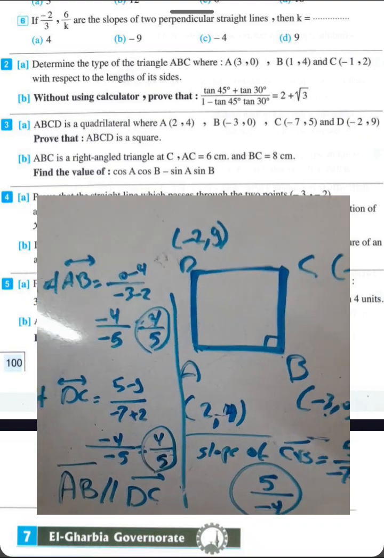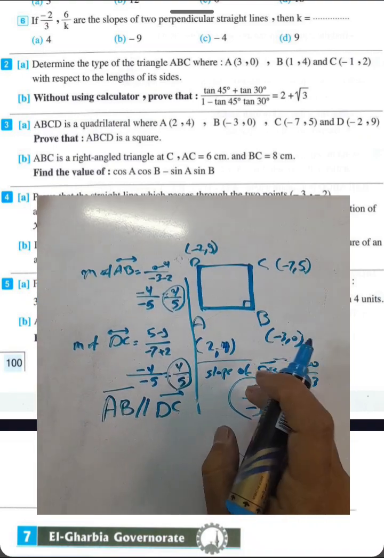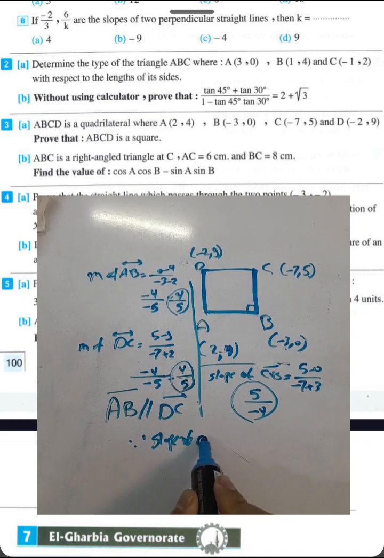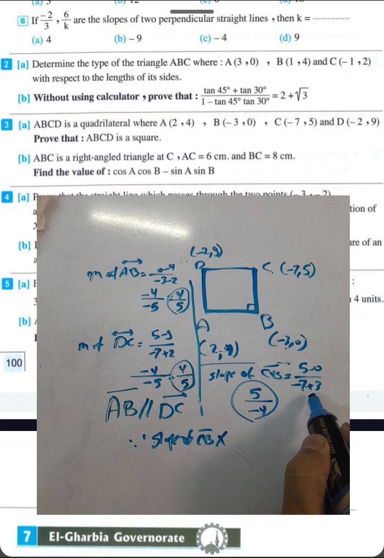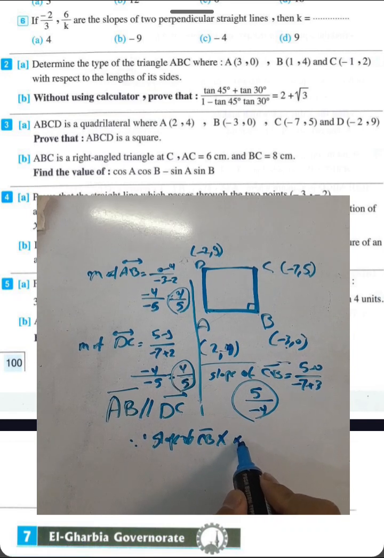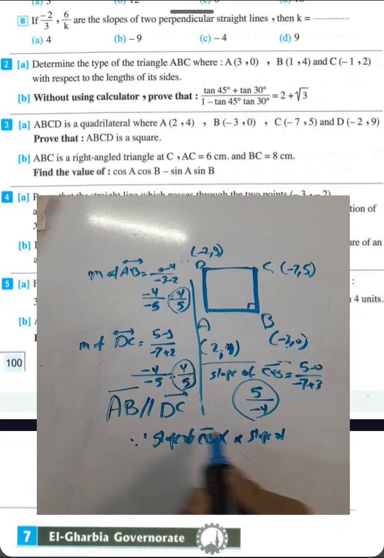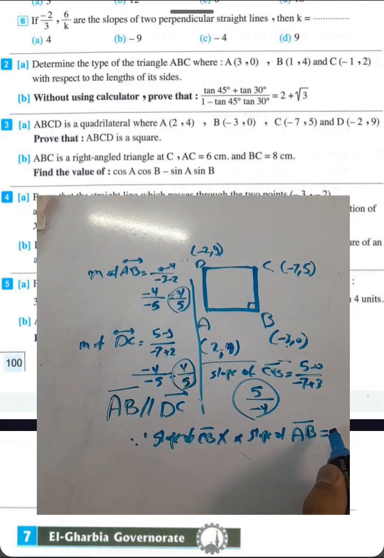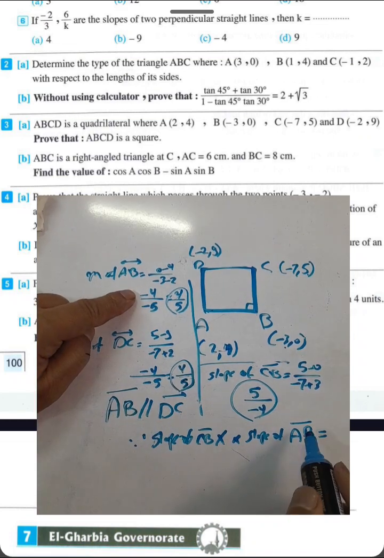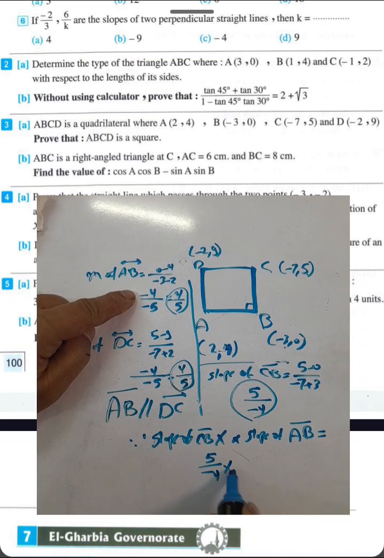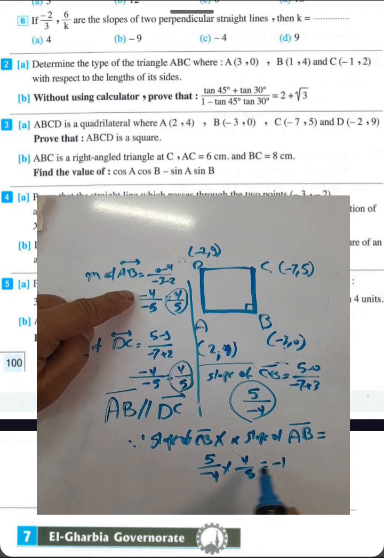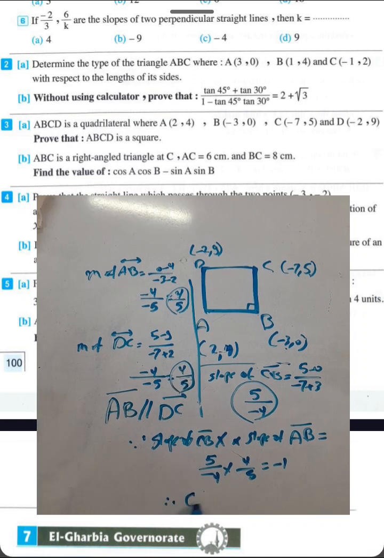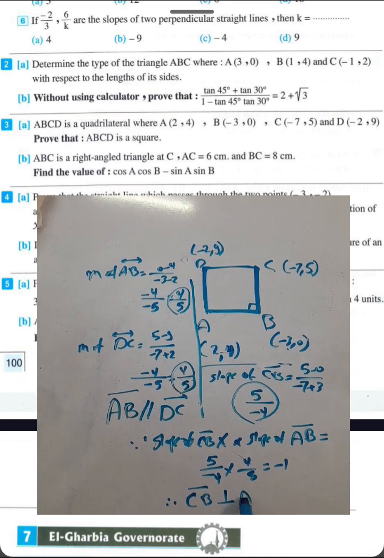Then the slope of CB, 5 over negative 4, multiplied by the slope of AB, which was 4 over 5: 5 over negative 4 times 4 over 5. The result will be negative 1. Then CB will be perpendicular to AB.